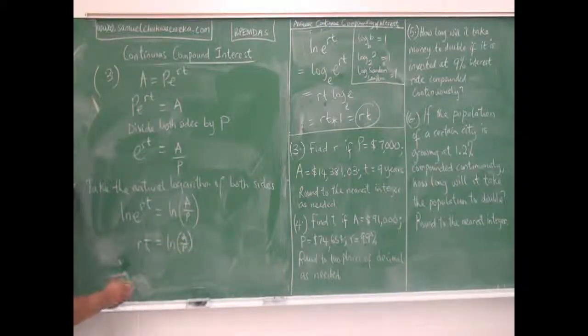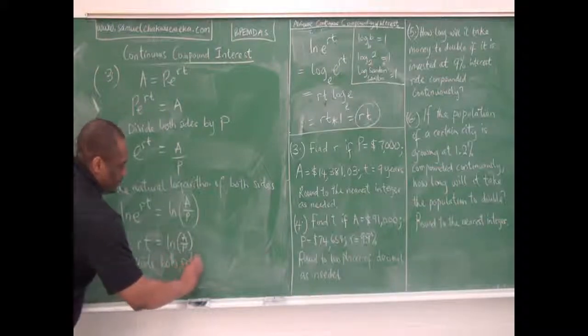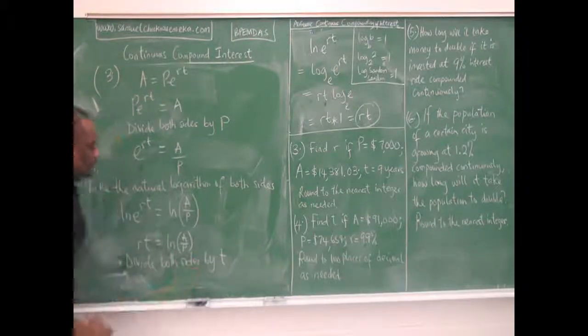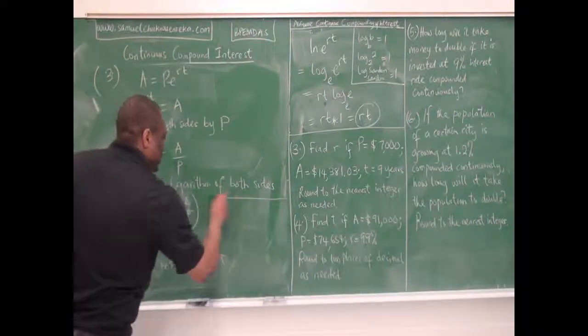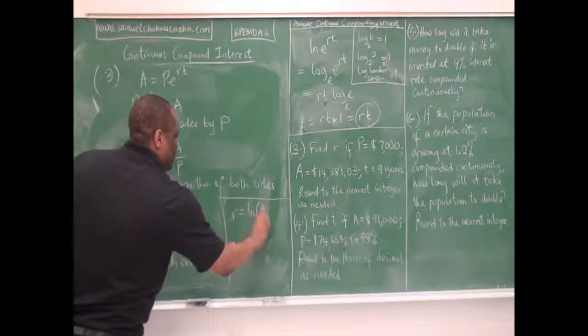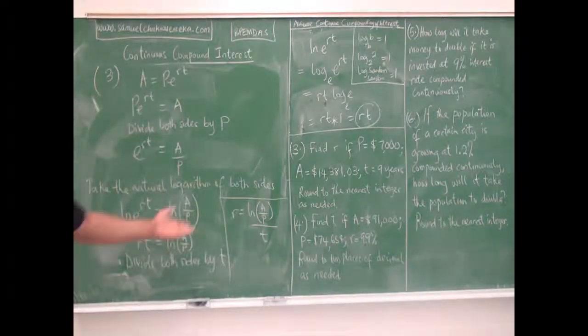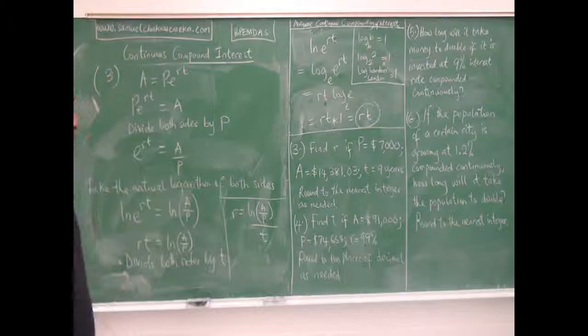So your R, you're asked to find your R. So you divide both sides now by T. So your R will now be what? This means that your R will be ln A over P divided by T. That is it.